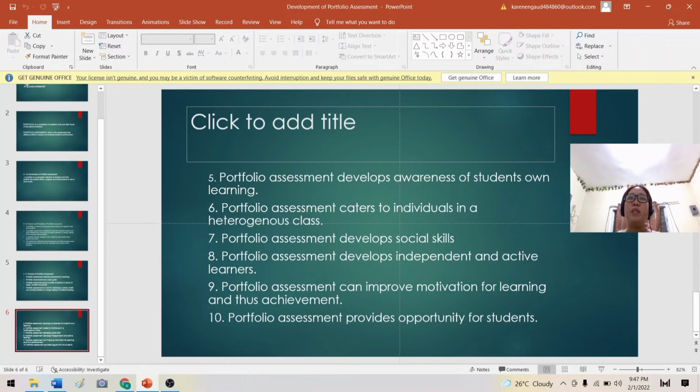So, masasabi natin yung portfolio assessment is a joint, parang both teacher and the students na mag-cooperate para mag-improve pa yung learners, and also si teacher naging improve na din yung kanyang in terms of pagtuturo po. And that's all. Thank you.